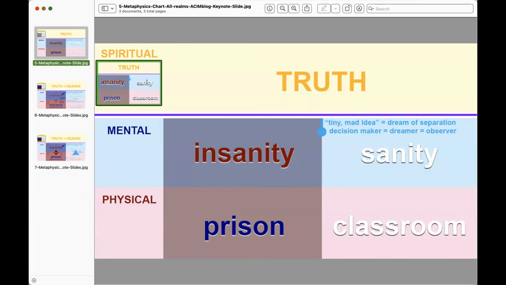And then if you see that nothing really happened in your mind as well as outside your mind, since ideas don't leave their source, then there's the sanity of the peace that realizes that everything's completely forgivable. Everyone else is, including the self that I think I am, because that's all made up. But it's only the tiny mad idea that basically necessitated the need for a correction, which is what the right-hand side of the chart represents.